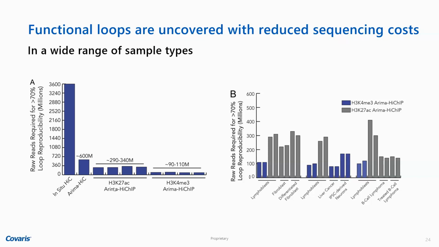For K27 acetylation, which would cover enhancers as well as promoters, you require around 300 million reads, and for the promoter mark, K4me3, you would need around 100 million reads. This has all been done in lymphoblasts. And if we compare among different sample types, you see that this is rather stable, independent of the sample type.